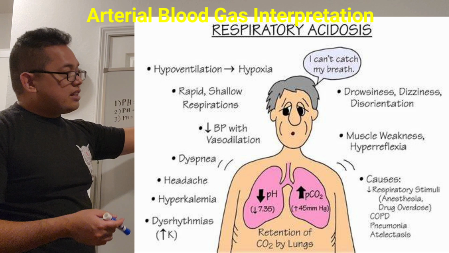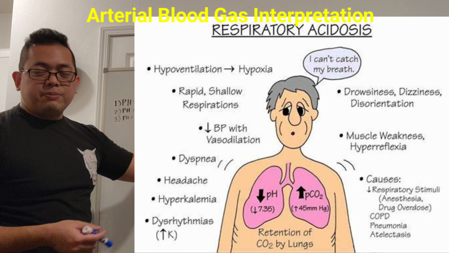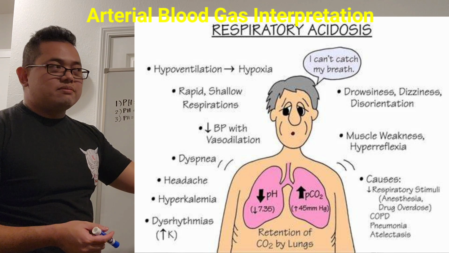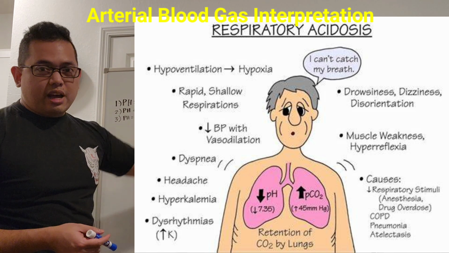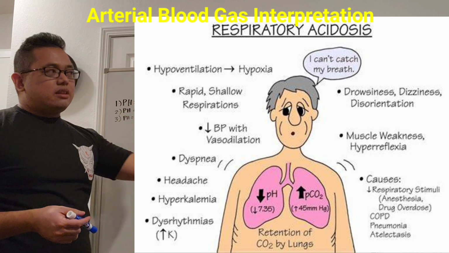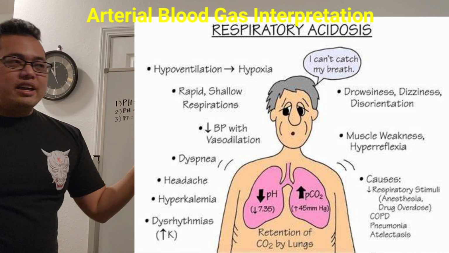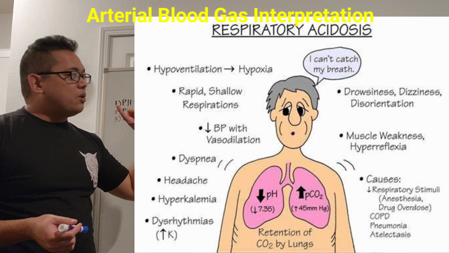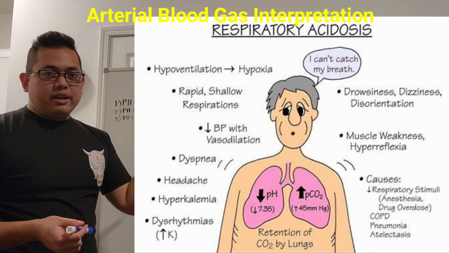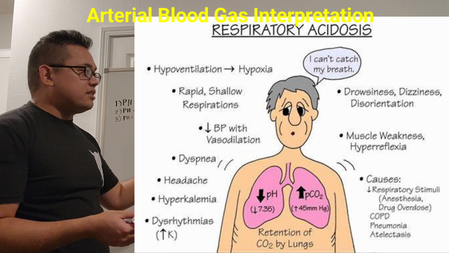So I'm going to post right now an example of symptoms of respiratory acidosis, and then just try to read that one over here. Because our last exam for pathophysiology is about the respiratory system, so this is most likely going to be asked during the exam.